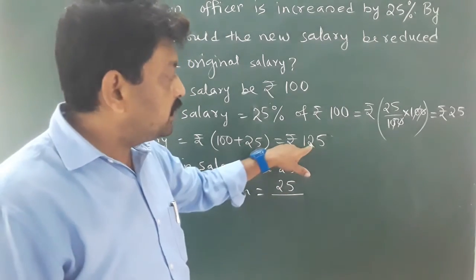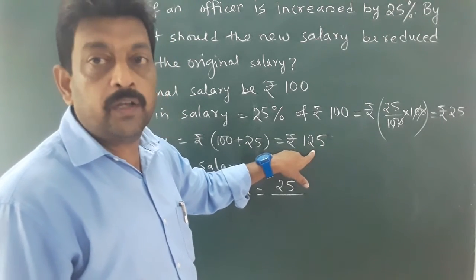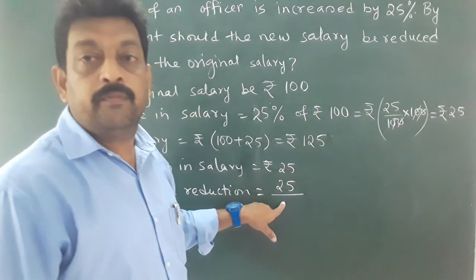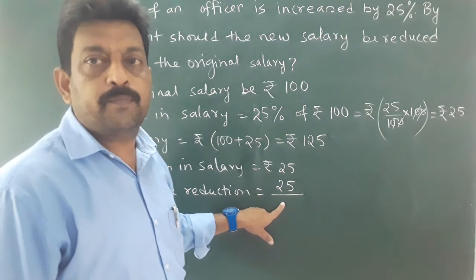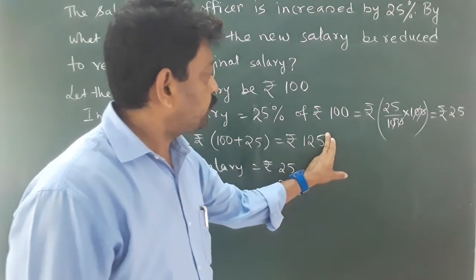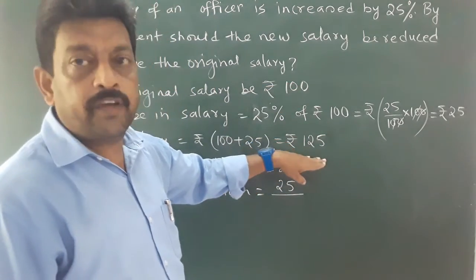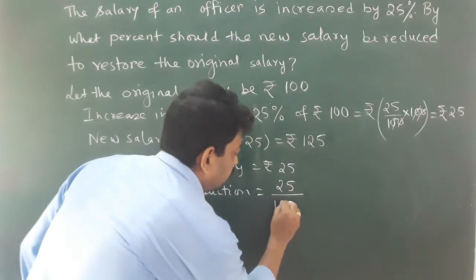Since we are reducing this value 125, this 125 will come here as the base salary. From 125 we are going back to 100, so 125 is the base salary.